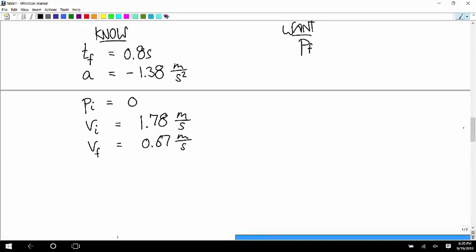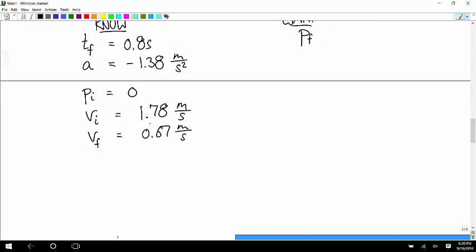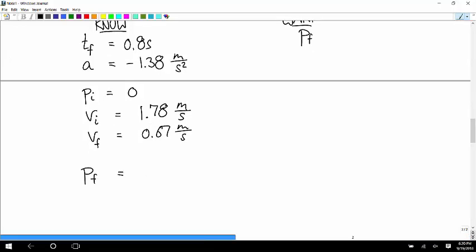Okay, so is there an equation that has P final in it and anything else in it is known? I think the equation that we just used won't work because it doesn't have P final. Neither of the other two will, I think, it looks like. So let's use this one. P final is equal to P initial plus V initial times time final plus 1/2 A times time final squared.